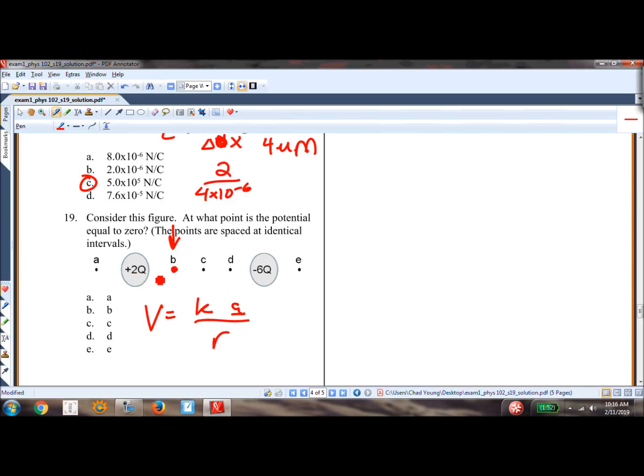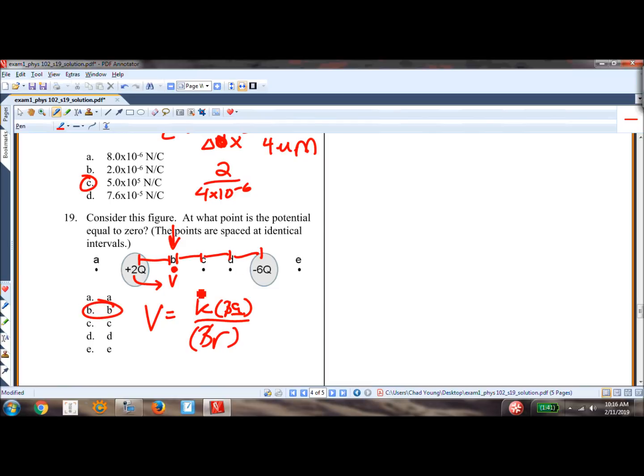So let's imagine that the potential at point B due to this charge is V. And then over here, I have 3 times the charge of what I had, right? 6 is 3 times 2. But this distance is right there, and then I have 3 times the distance to the 6Q charge. So these two numbers cancel out, and so they both have a potential V, but opposite. So the answer is B.